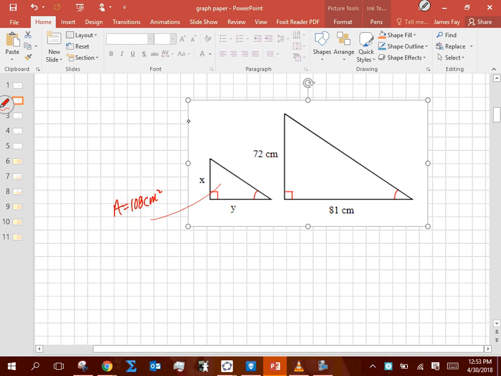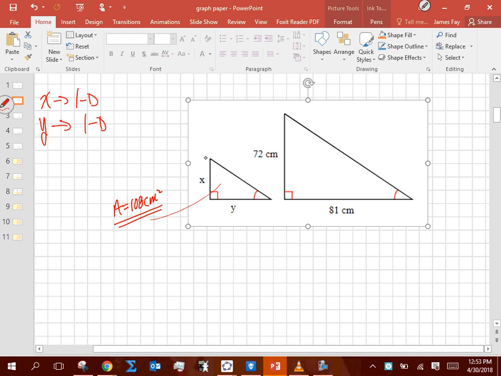Now, the dimensions x and y, this is a vertical distance, up and down. This is solely left and right. So when I find x, x is a one-dimensional distance or measurement. Y is one-dimensional. Area is two-dimensional, right?